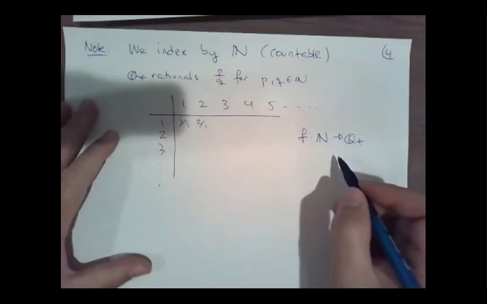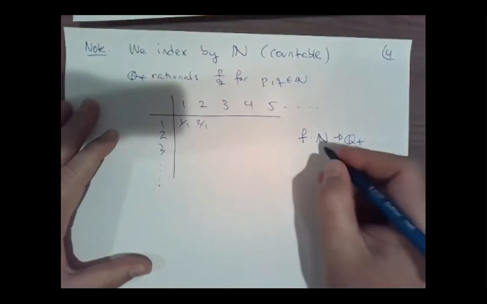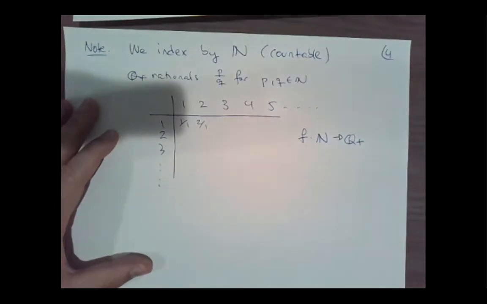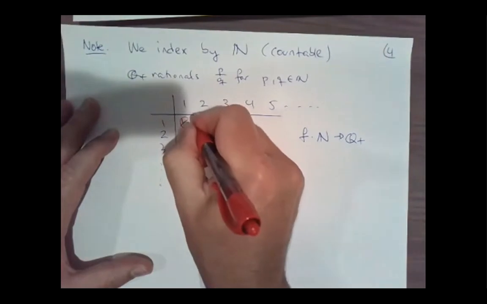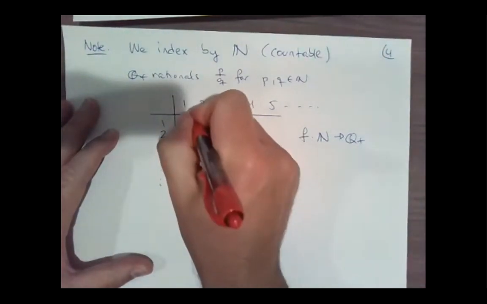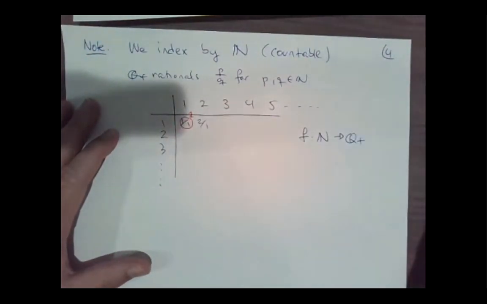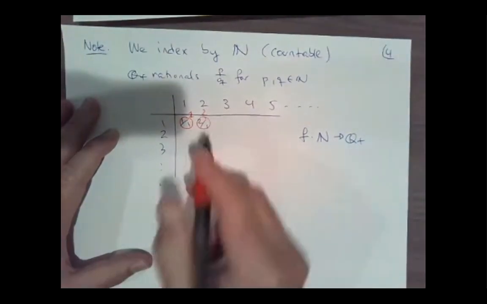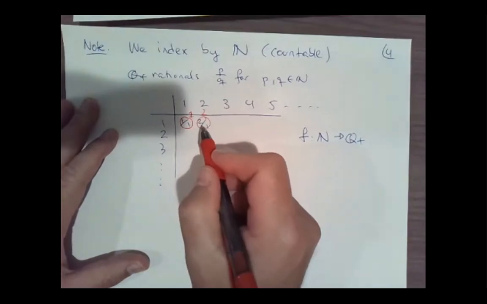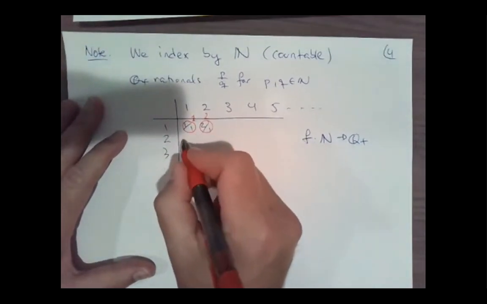And so how would I do it? Well, I would send the first number up here in the corner to 1. Then I move 1 to the right, so I map 2 into this one. Then, as suggested, I snake it.